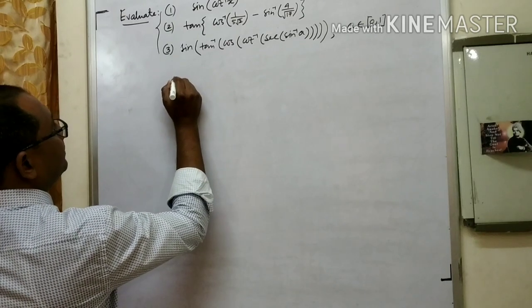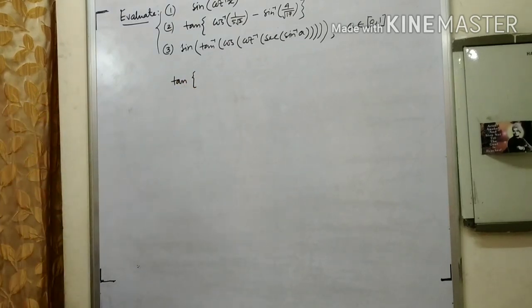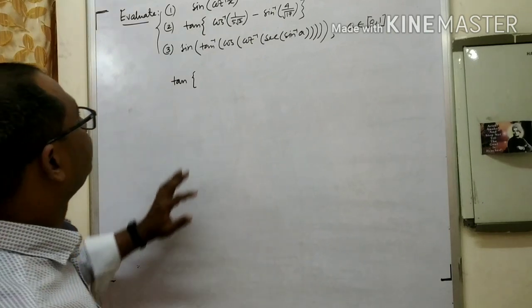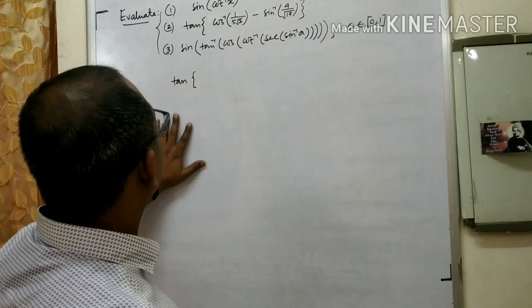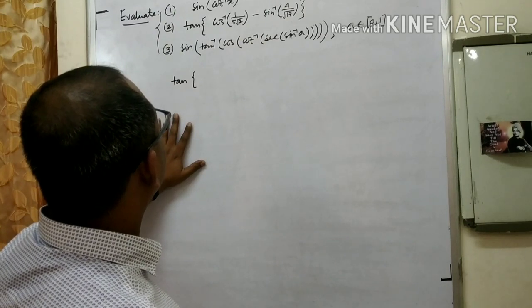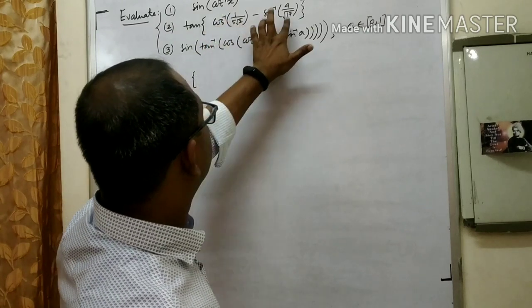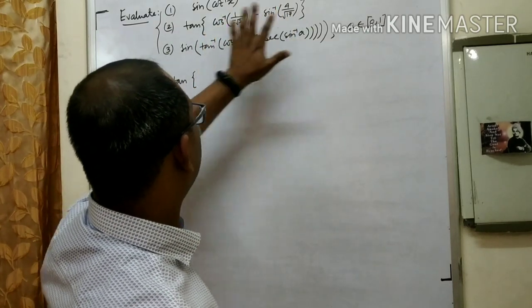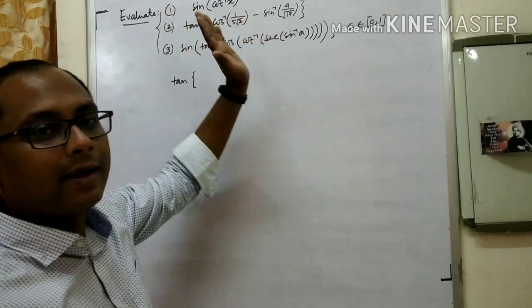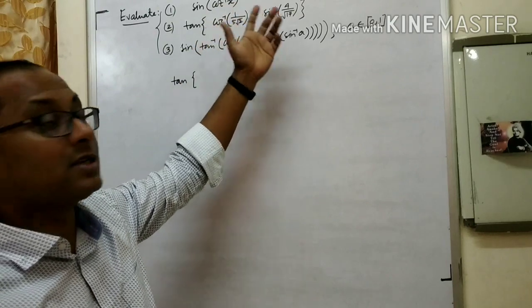Tan of cos inverse and sine inverse. So these are nothing but angles. If I consider this one to be theta and this one to be phi, ultimately the question is tan of theta minus phi, tan of a minus b.